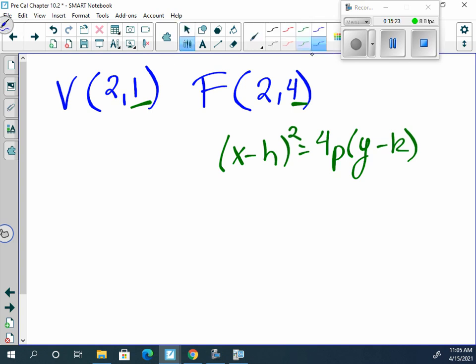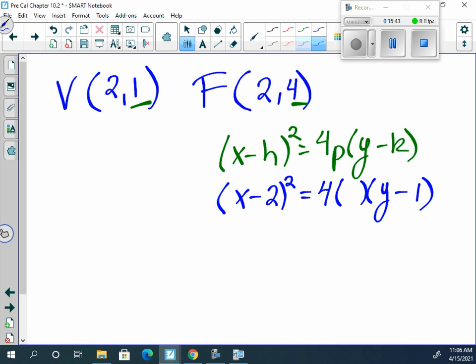Now what we do know for sure is that h is 2, because h is with x, so we want the x value which goes first. So you have x minus 2, and y goes with its y value on the vertex. Now the only value we do not have is p.